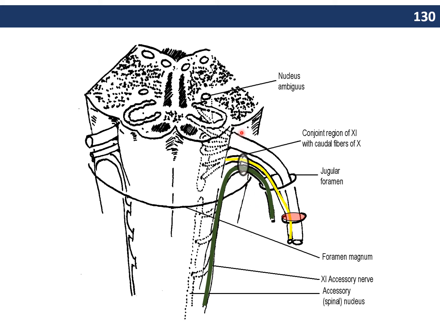The vagus nerve has a cranial and caudal portion, and these caudal fibers of the vagus nerve ride with the accessory nerve for a bit before they separate again in order to rejoin the more cranial parts of the vagus nerve after exiting the jugular foramen.